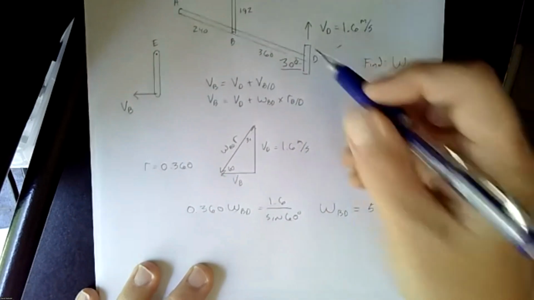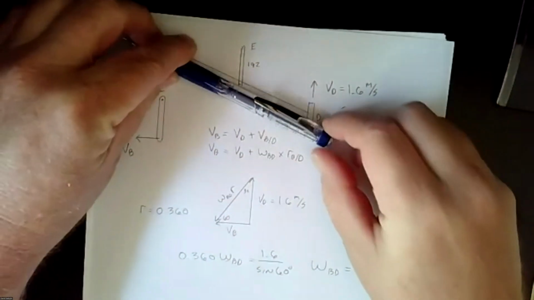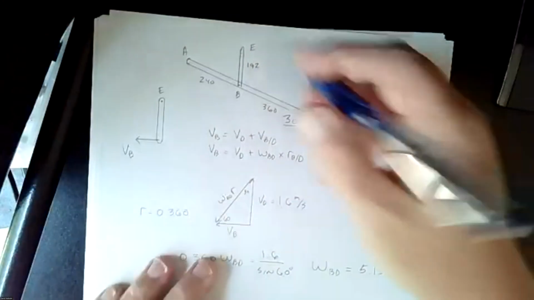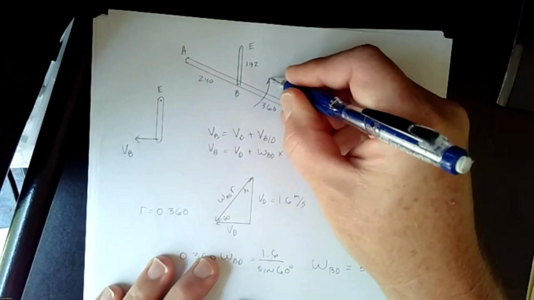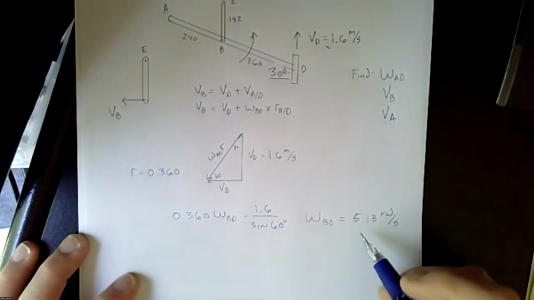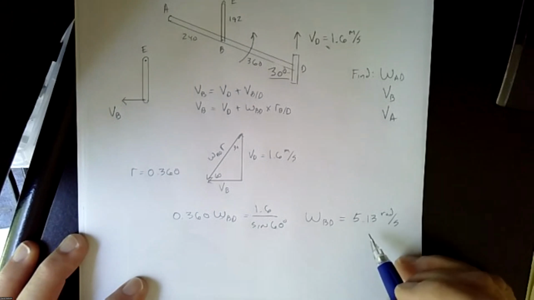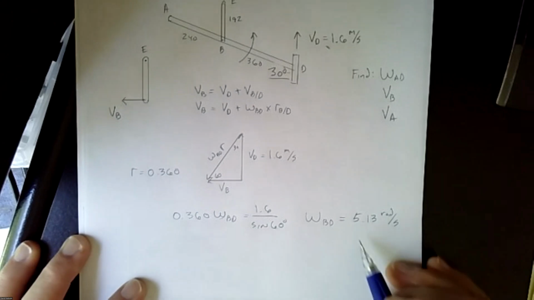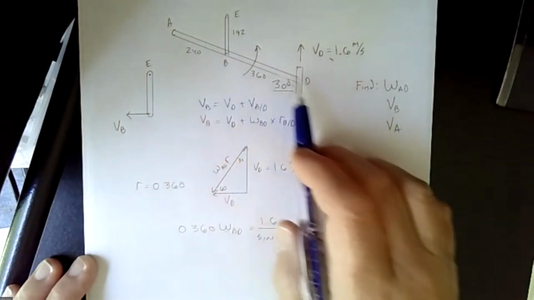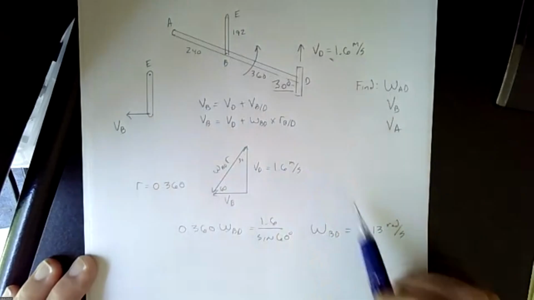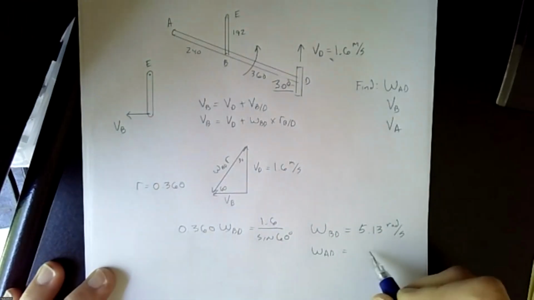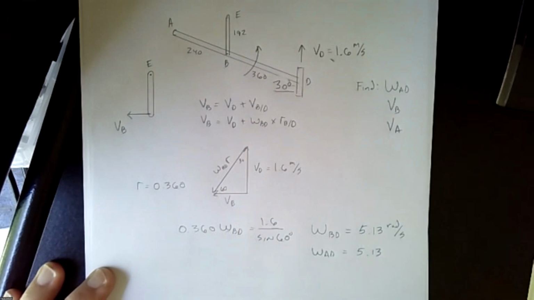But because this is going up like this, and this is going to go over, it's safe to assume that this is going to go in the counterclockwise direction, which is what we got here. So you don't need to change the sign. So we know the value, the magnitude of it. And that's the first thing. The other thing we know is that because it's BD, it's going to be the same for AD. Nothing changes. So we can also write omega AD is also equal to 5.13.